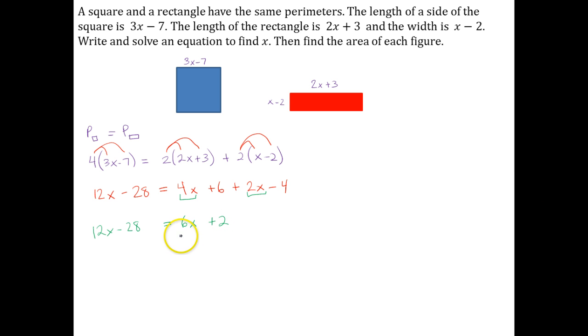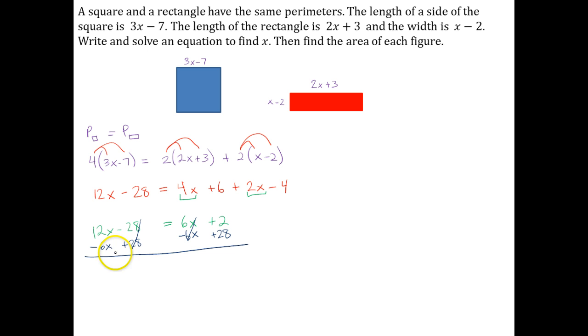And then I'm going to subtract 6x off both sides to get the x's off of the right side. And then in the same step, I'm also going to get this negative 28 off of the left side. The opposite of negative 28 is add 28, so I'm going to add 28 to both sides. And what does that do for me? That becomes 0. That becomes 0.